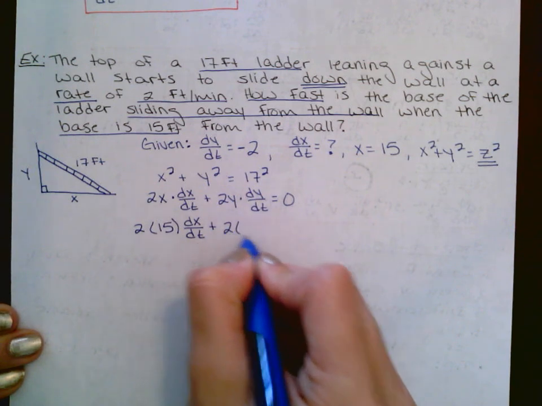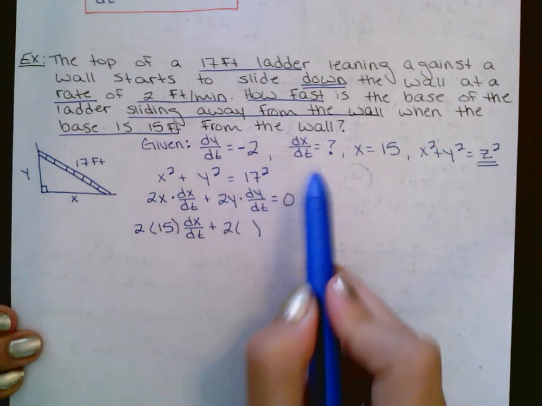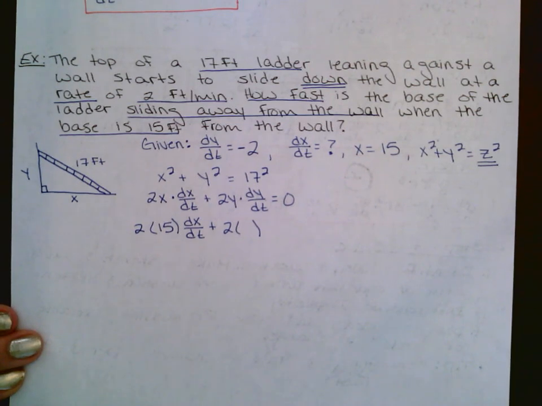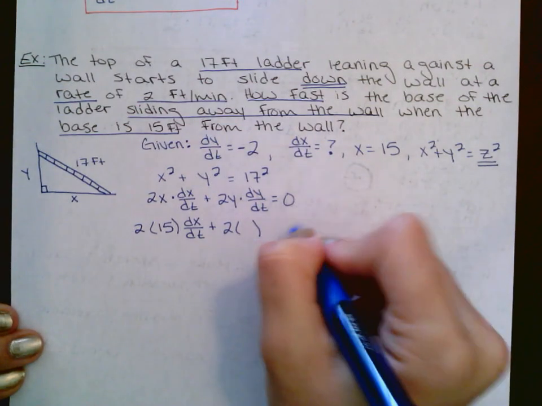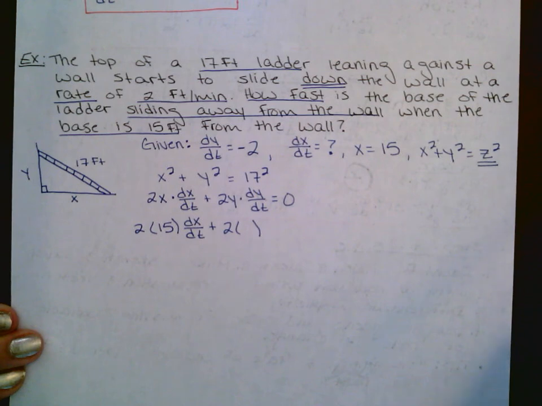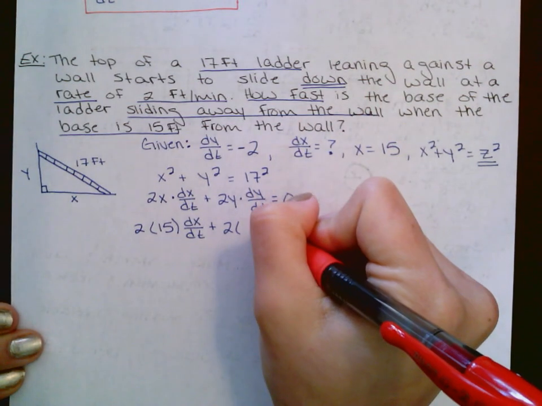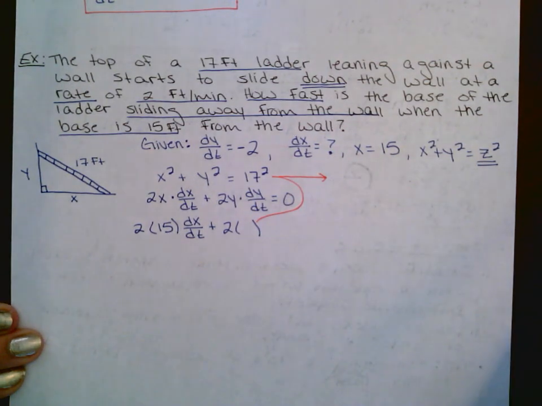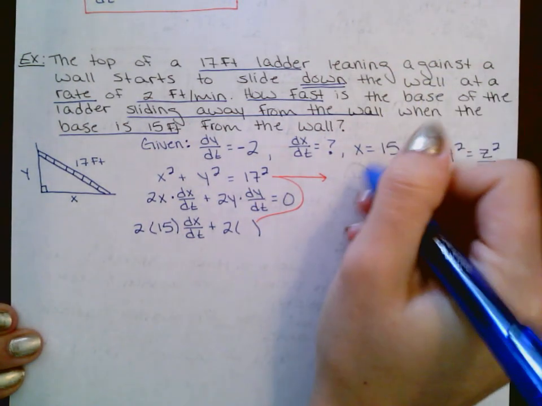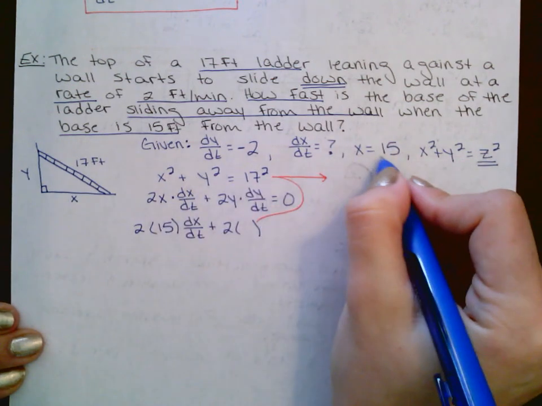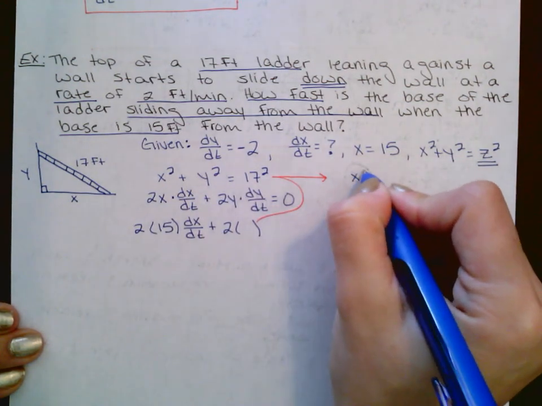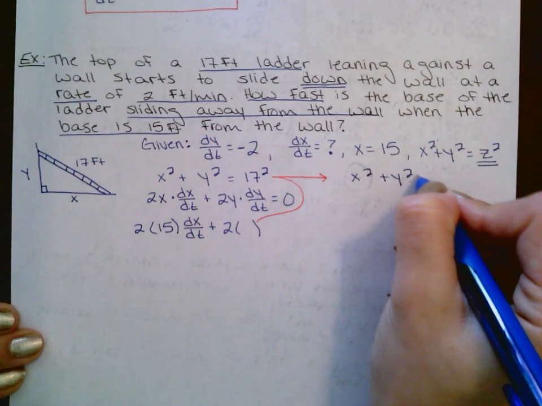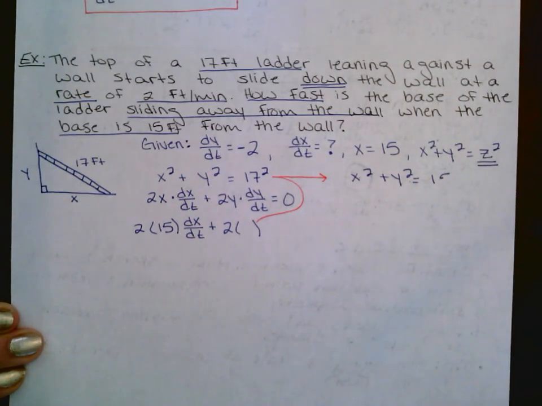Plus 2 times y. They did not give me y. Okay, but I do have enough tricks in my bag. I have enough information to be able to solve for y. So when this happens, I'm going to take a pause. I'm going to use this equation to solve for y. So I can say x squared, which if x is 15, let me rewrite it. x squared plus y squared equals 15 squared.